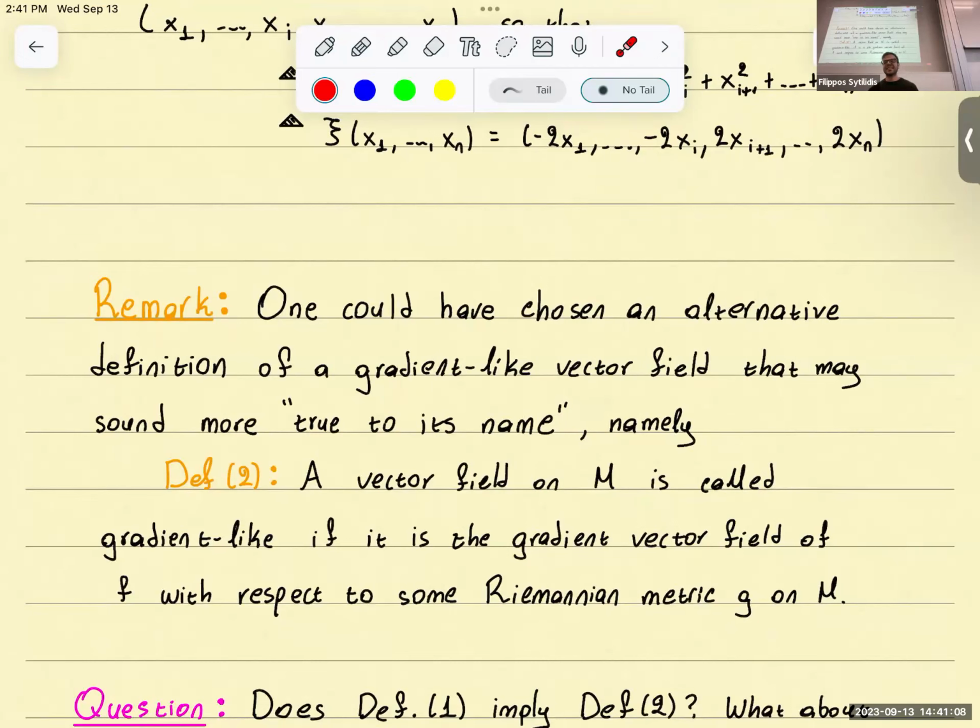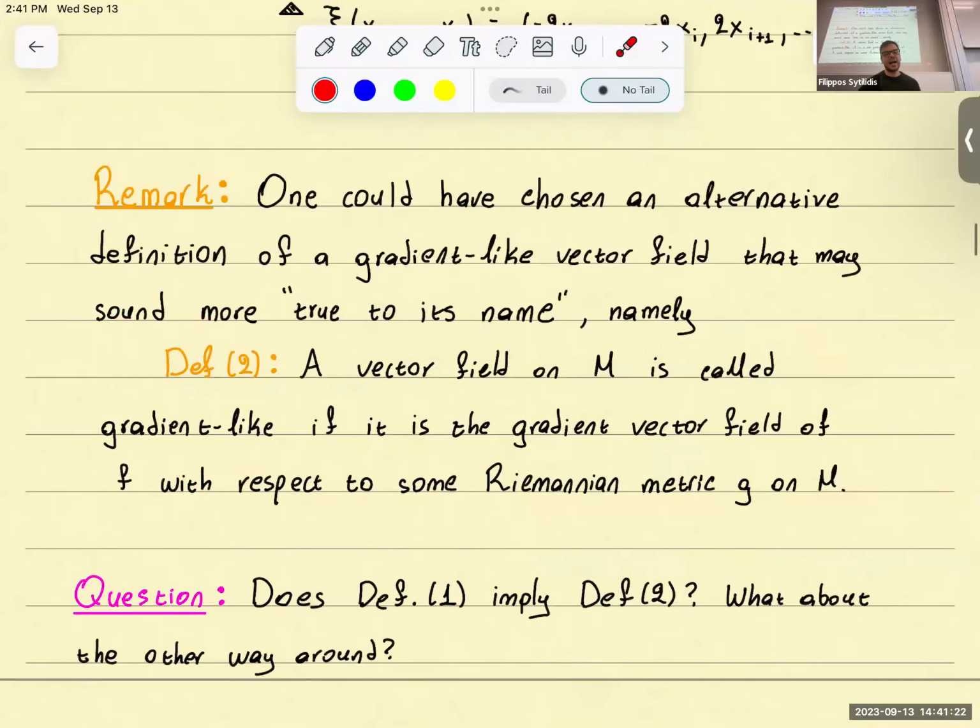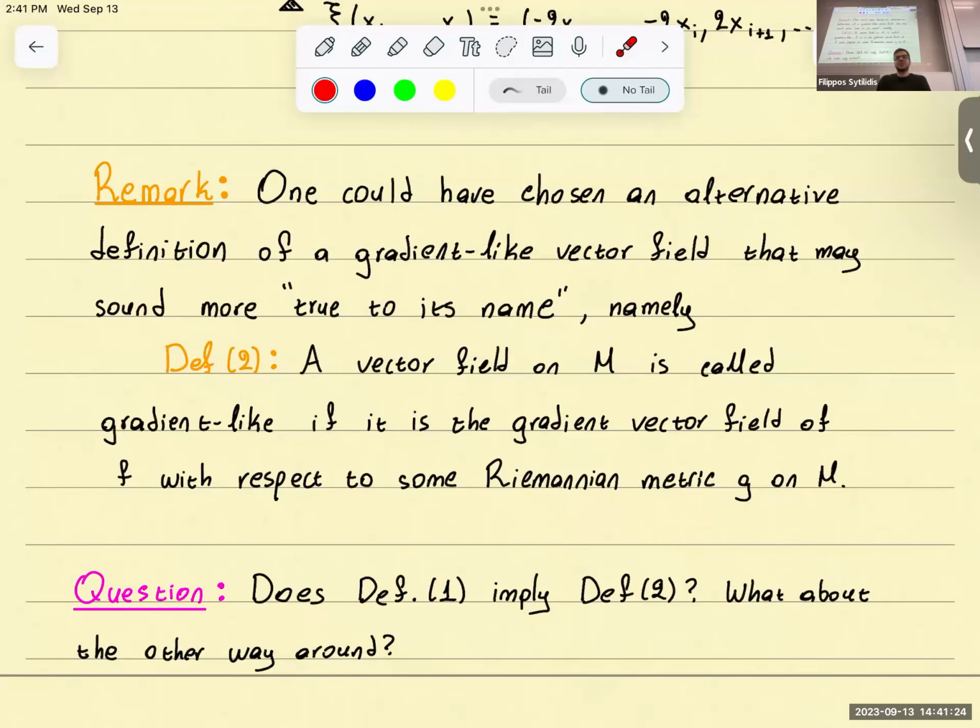If I ask you to define something called a gradient-like vector field, a definition that might be more true to its name would be the following: a vector field which is the gradient vector field of f with respect to some Riemannian metric g on M. You don't specify what the Riemannian metric is, so it's less information, but personally that sounds like a perfectly reasonable definition.